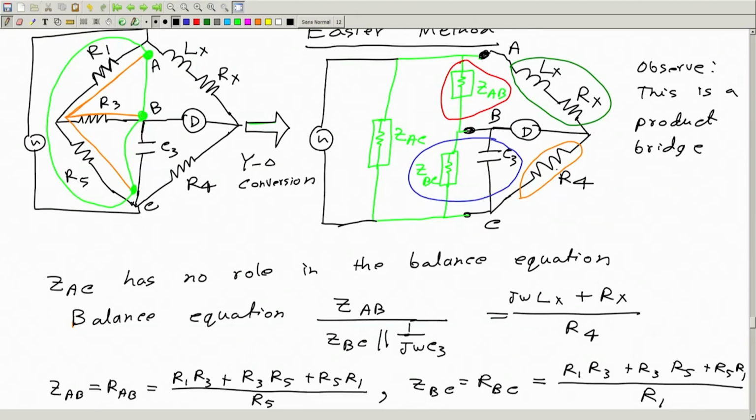These two opposite arms, this red and the orange one, are pure resistances. And this is an inductance in series, this is a capacitor in parallel. So, this is a simple product bridge. Actually, this is Maxwell's bridge, which we have seen before.